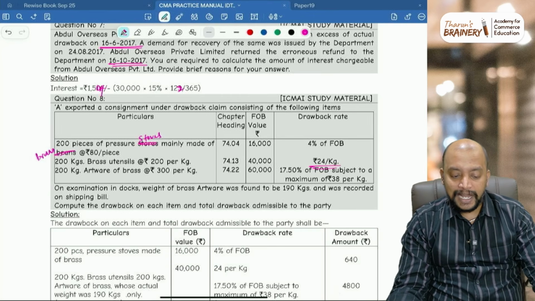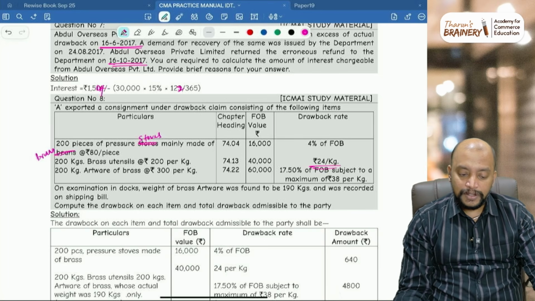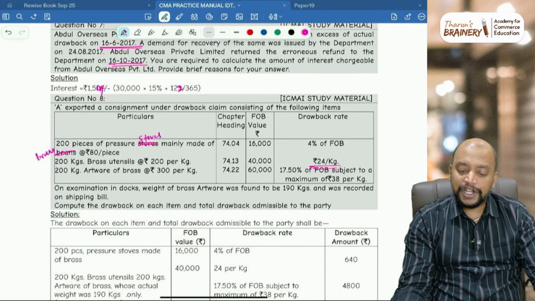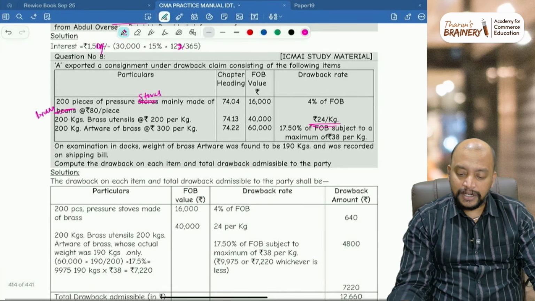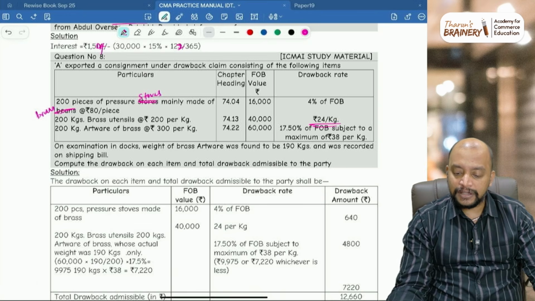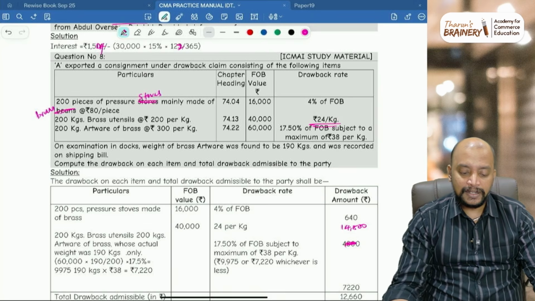So how many kgs? 200 into 24. 200 kgs of brass utensils at 200 rupees per kg, 24 rupees per kg is given. So therefore we will take 200 into 24, 4,800. So the answer is 4,800.